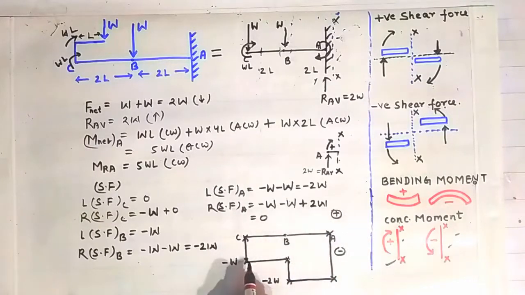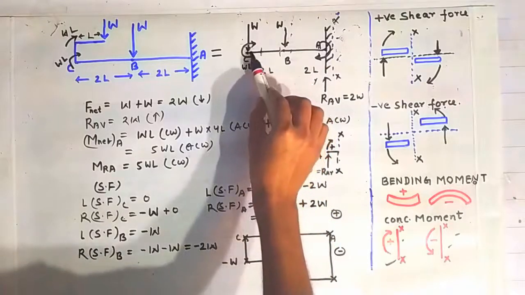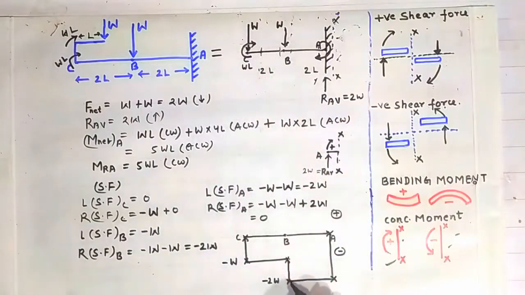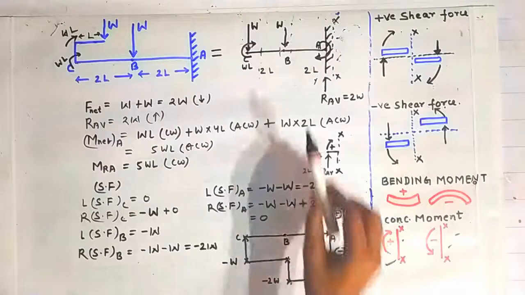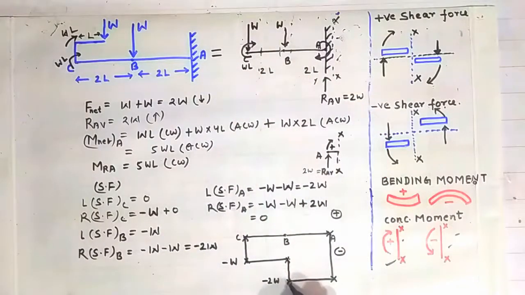The line between C and B is a straight line because there is no point load lying between point C and B. Similar is true for the line between B and A, because there is no vertical loading between point B and A. That's why the shear force diagram is a straight line between point B and A, and it is negative, forming a negative area. So this is the shear force diagram.